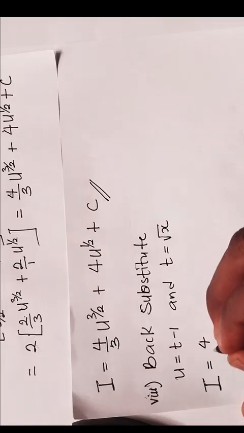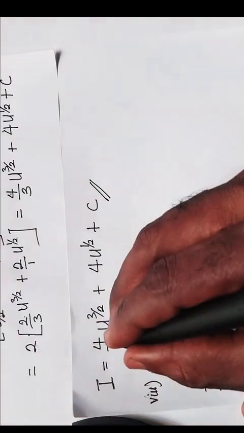So our I will be equal to 4 all over 3, which is this.